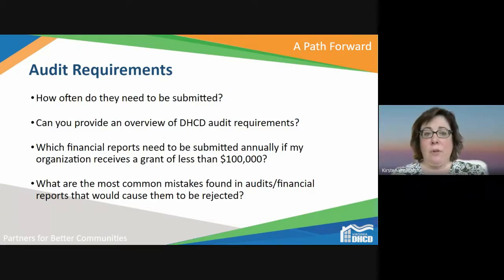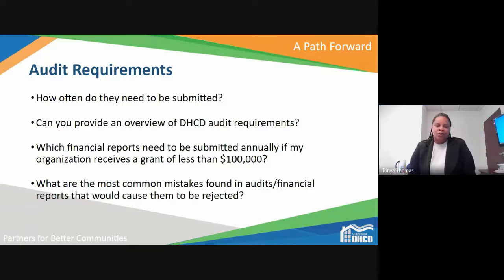Can you give us an overview of the DHCD audit requirements? I hope everyone on the call knows that if you expend more than $750,000 in federal funds, then you're required to get an A133 audit. That's the last threshold.